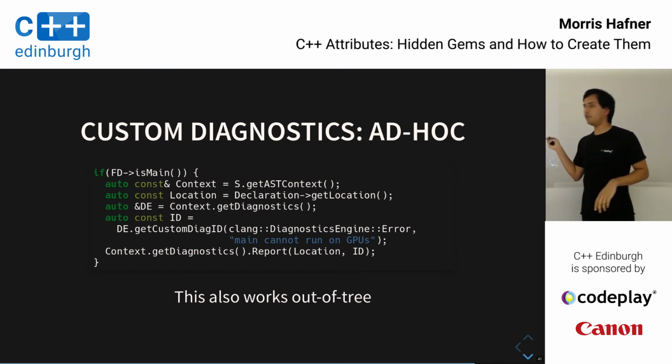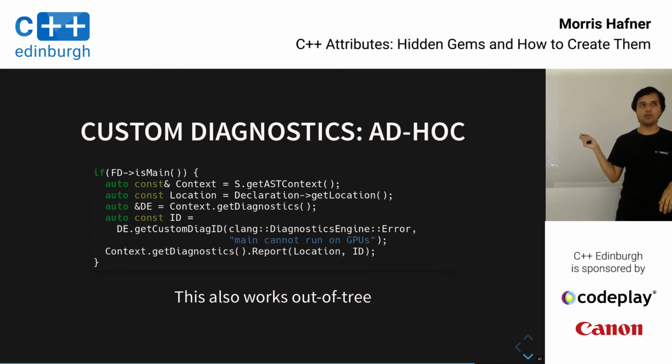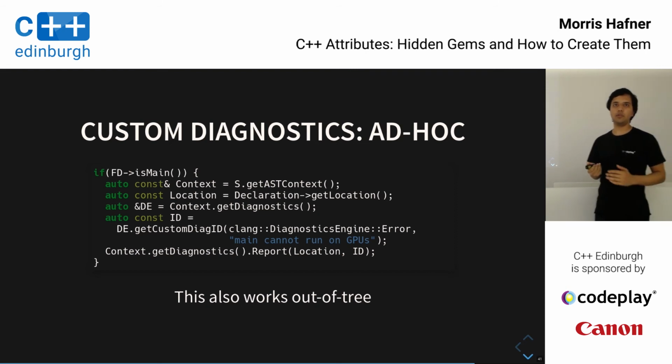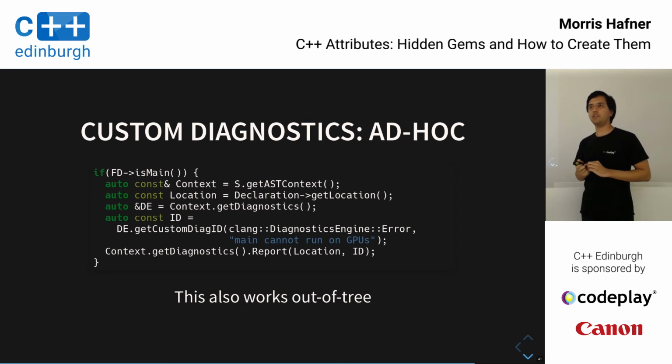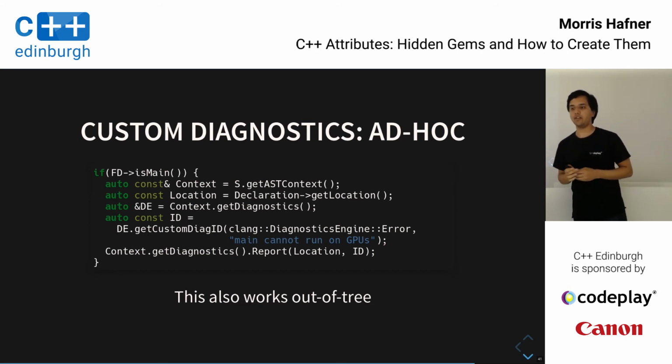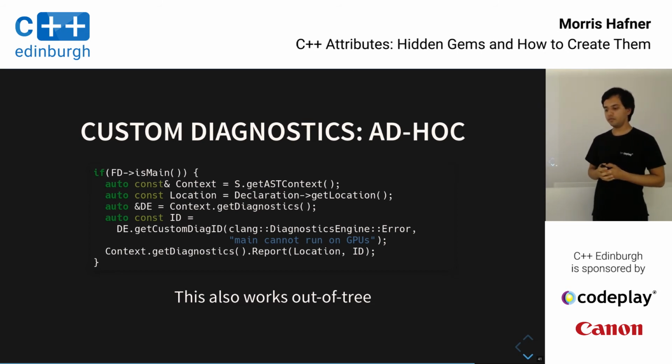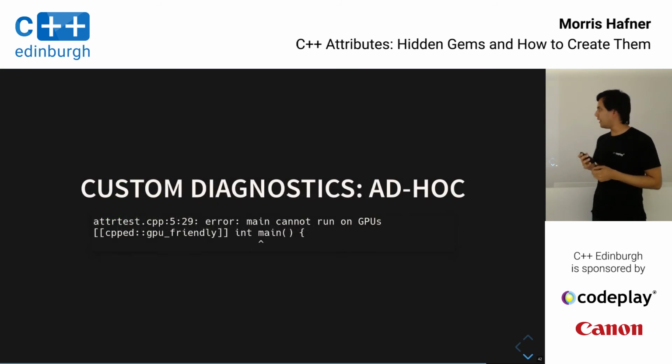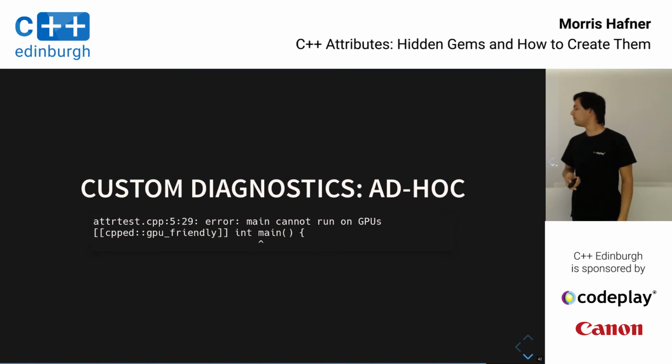This also works out of tree, by the way. So whenever you want to write a Clang tool or want to create an error, this would be one way of doing it. You don't need to fork Clang to add your own diagnostics. And if you actually run this, you get a nice error here. So error, main cannot run on GPUs at this location here with this caret here.